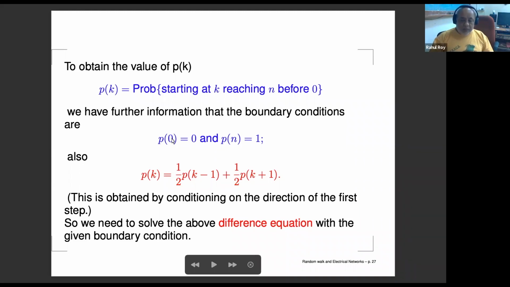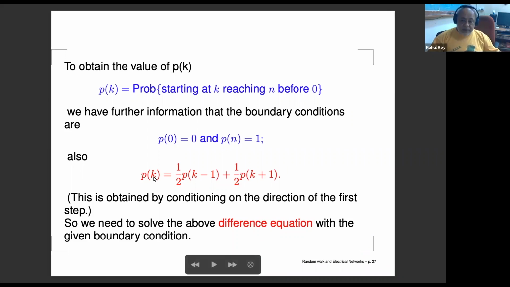So the probability of reaching home before reaching the bar is 0, if he starts at 0. Remember, k is a starting point. And if he is at home to start with, then of course he's at home and he doesn't go to the bar.